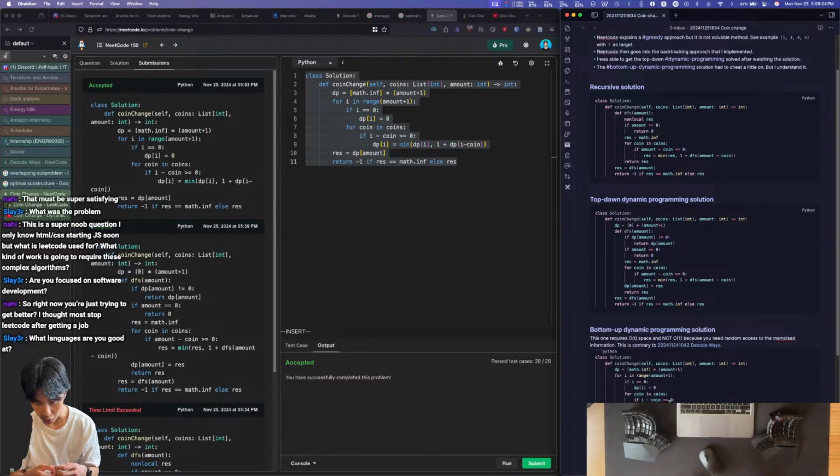What languages are you good at? The languages that I use mainly are Python. I've used C a lot in the past for school projects. And I've used maybe 2 subjects worth of Java. But I would say I'm not fully proficient in Java. I can use it if I want to, but I've only ever used it in school projects. Same thing with C, but I've used it more.